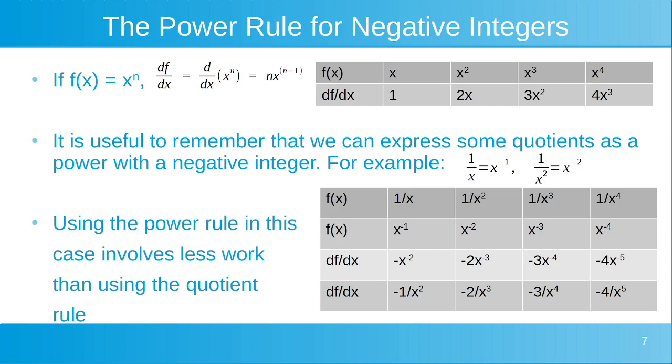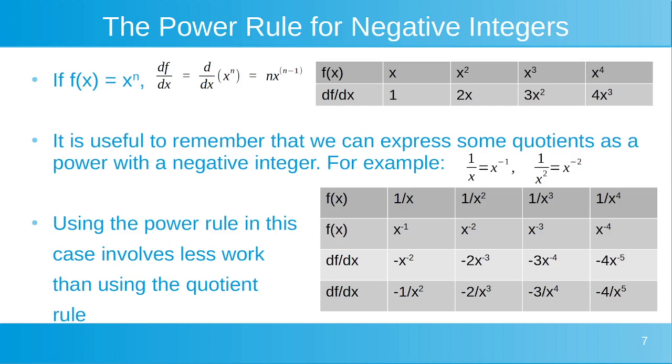Now if n is equal to minus 1, then our derivative is equal to minus 1 x raised to the power of minus 1 minus 1, which is minus 2. So our derivative becomes minus x raised to the power of minus 2. And we can evaluate the other derivatives in the same way: minus 2x raised to the power of minus 3, minus 3x raised to the power of minus 4.